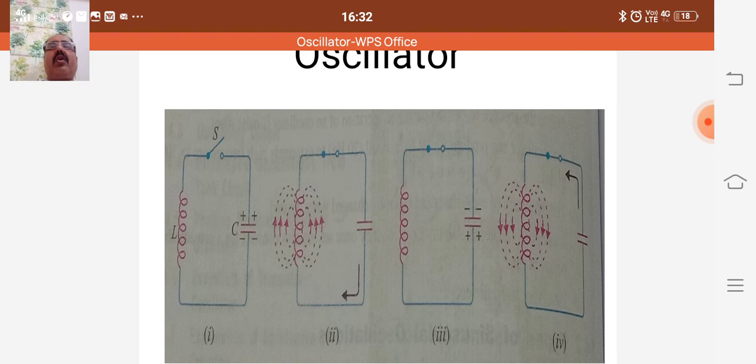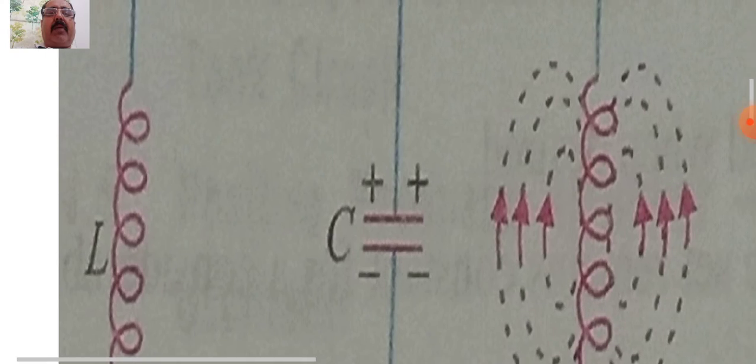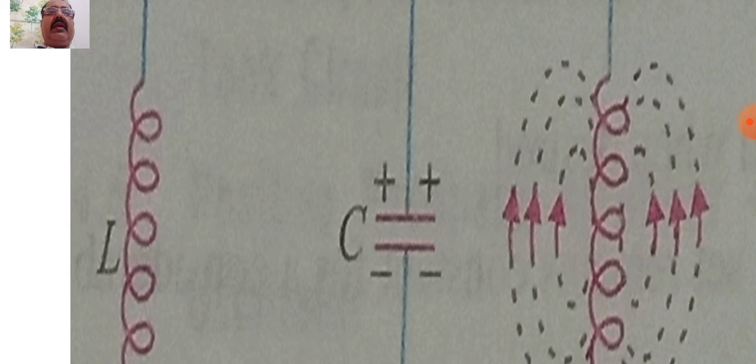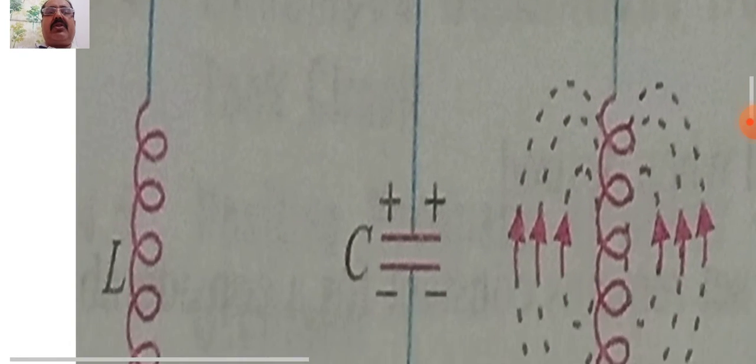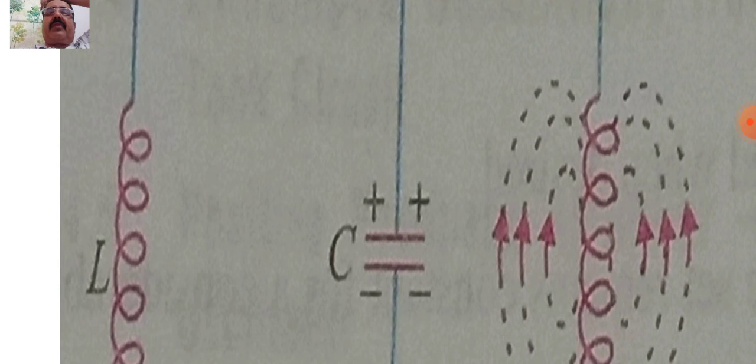A simple oscillatory circuit consists of a capacitor and an inductance coil L in parallel. That means you have to consider that both are in parallel. The electrical system can produce electrical oscillations, and the frequency is determined by the values of L and C.